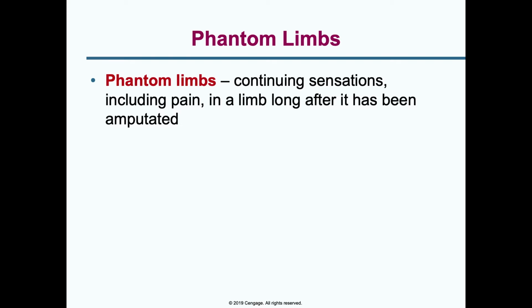Okay. And what happens is people continue to feel a sensation, including pain, in the area that was amputated. Okay. Because the pathway actually just went into the pathway of another limb. Okay. And that's why they're feeling the sensation, including pain sensation.